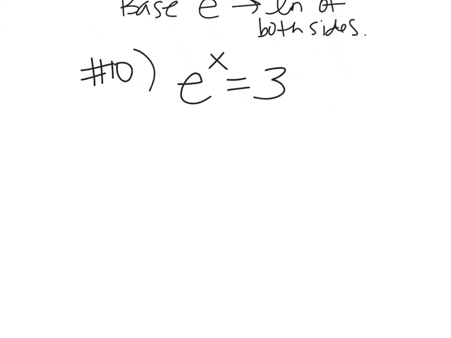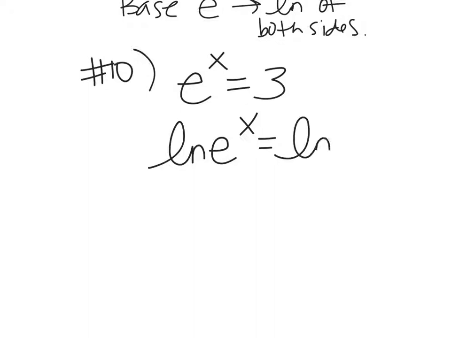So e is the base, x is my exponent. This is an exponential equation. I'm going to take the natural log of both sides. Natural log of e to the x equals natural log of 3. Don't forget, whatever you do to one side, you have to do to the other. Now, where does that x go? On the outside. It moves down. Remember, that's my favorite property for a reason.